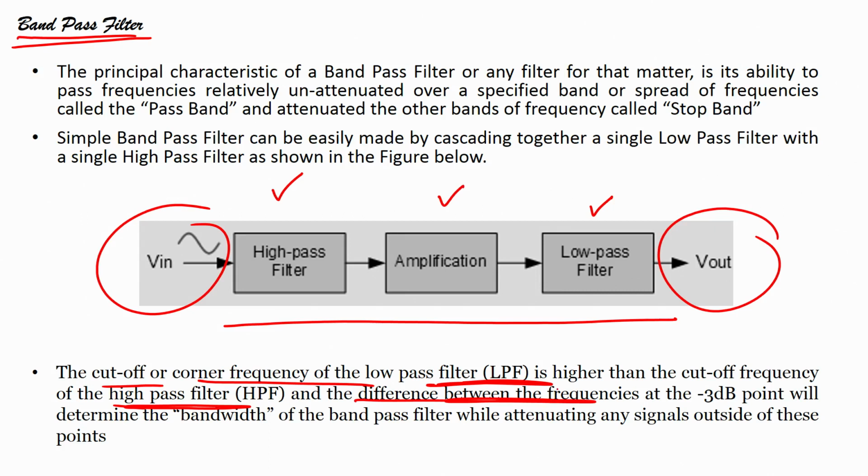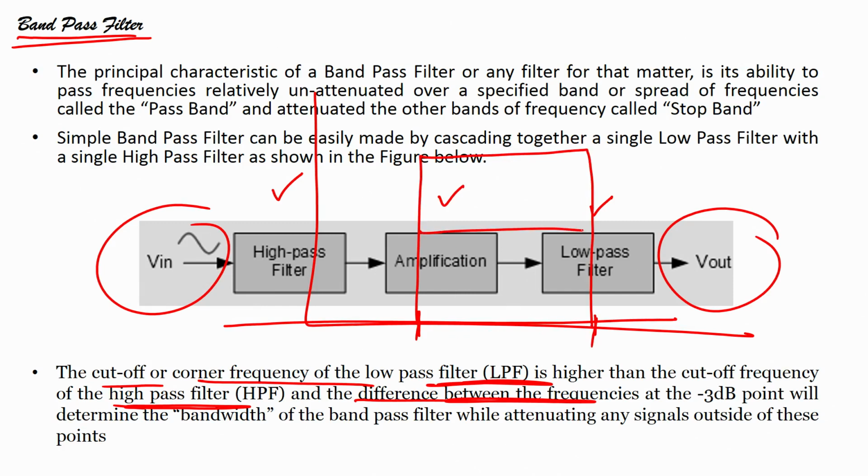If I draw the cutoff frequency of the low pass filter and the cutoff frequency of the high pass filter, the difference between them is the band which will be allowed to pass. This is the pass band, and this is the stop band, and this is also a stop band.